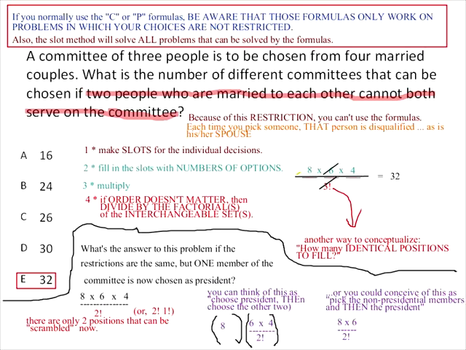And then there would only be 4 people left for president. But in any of these cases, you're going to get the same answer, ultimately, which is 8 times 6 times 4 divided by 2 factorial. So it's going to be 3 times as large as the last answer because there's no 3 in the denominator.